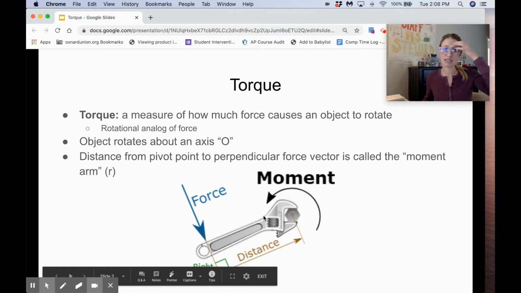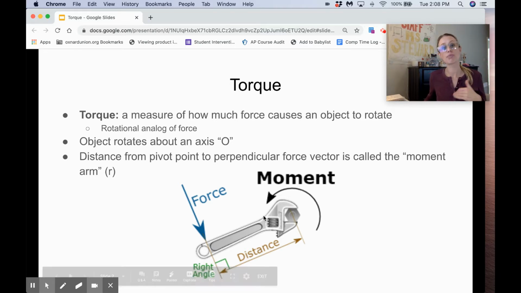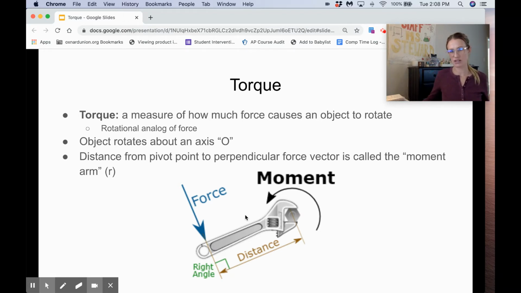Now, the distance from the pivot point to the perpendicular force vector is called a moment arm, and we define that by little r. Kind of like a radius almost, like say if we have a disc or a sphere or something like that, and we have a force happening at the edge, our moment arm would be our r vector, or radius in that case.